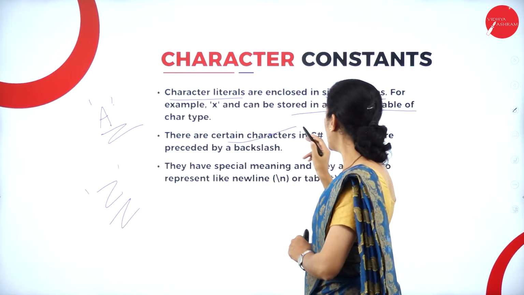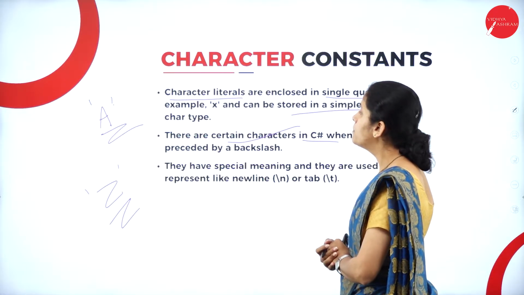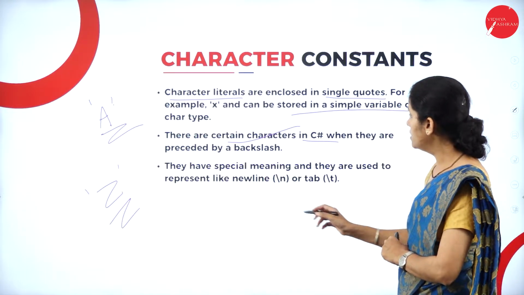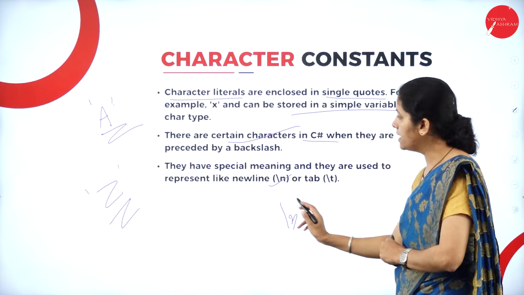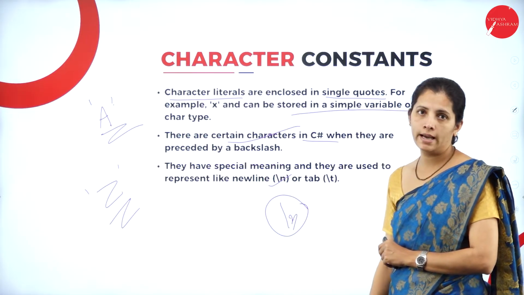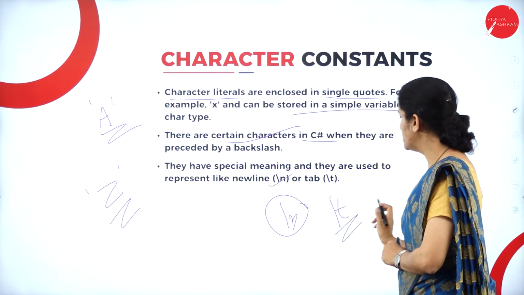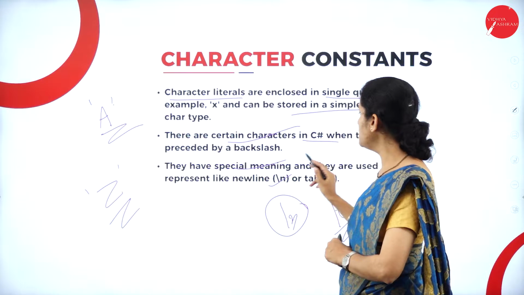There are certain characters in C that have special meaning when they are preceded by a backslash. So here if I write backslash n, then this is nothing but the new line, and backslash t is tab. So they have special meaning.